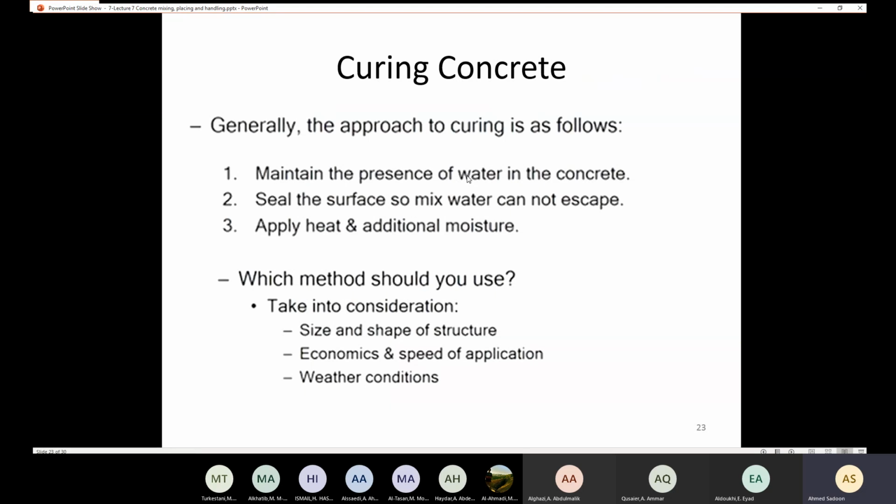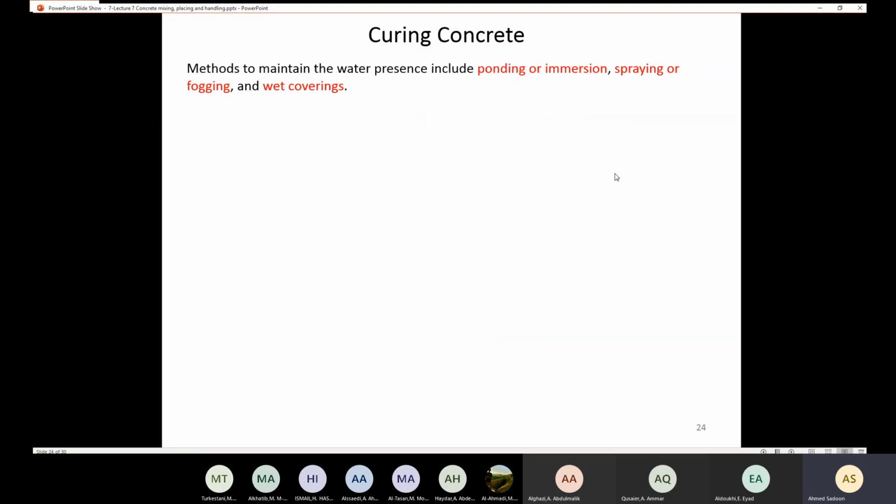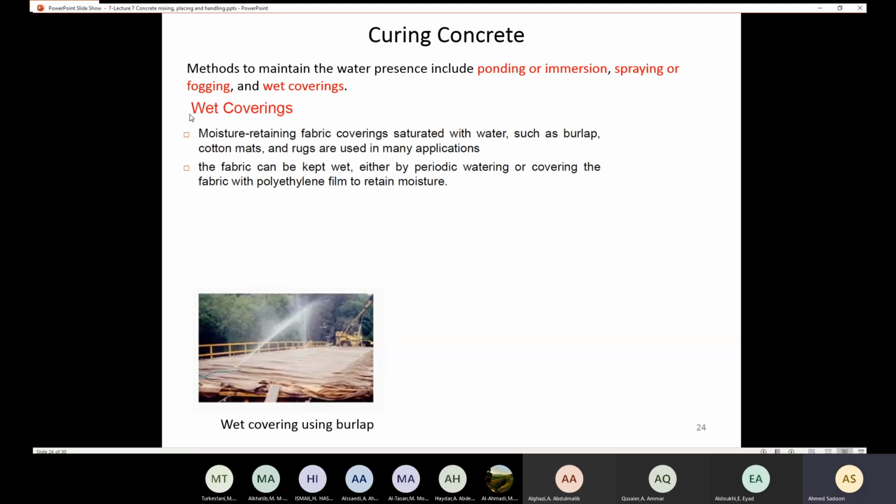We are going to start with the first one, maintaining the presence of water in the concrete. The methods to maintain water presence include ponding or immersion, spraying or fogging, and wet covering. Start with the first one, wet covering. I think this is the most famous one. We cover the concrete with burlap, and then we spread water.